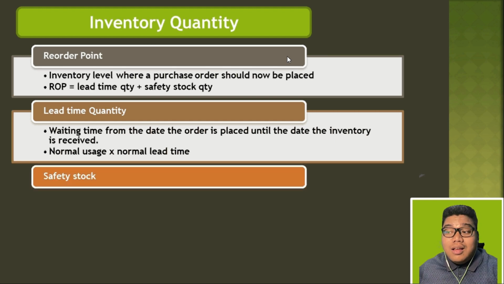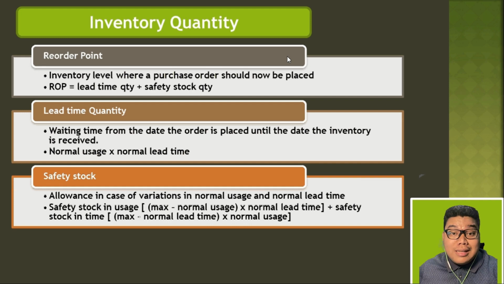Now, safety stock is your allowance in case there are variations or fluctuations in your requirements for your daily operations from the time that the order is placed up to when the order is received. So safety stock is composed of 2 items: safety stock in time and safety stock in usage, which can be solved using the formula presented herewith.